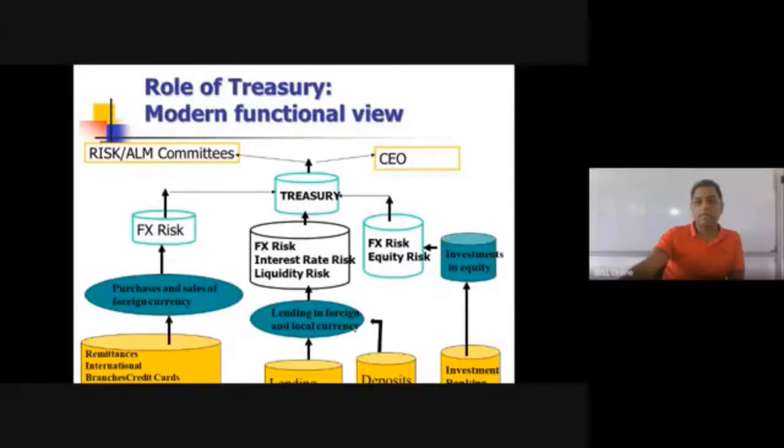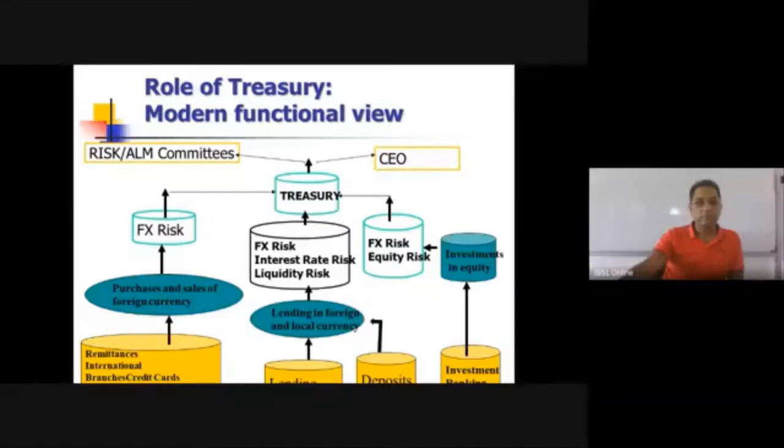The guy who's lending will lend money in foreign currency and local currency. How to manage that foreign currency risk, the interest rate risk, liquidity risk, etc., sits with the treasurer, who in turn will have to report to the CEO, and of course make sure that from an ALCO perspective, he has all the risk matrices figured out for that, right?